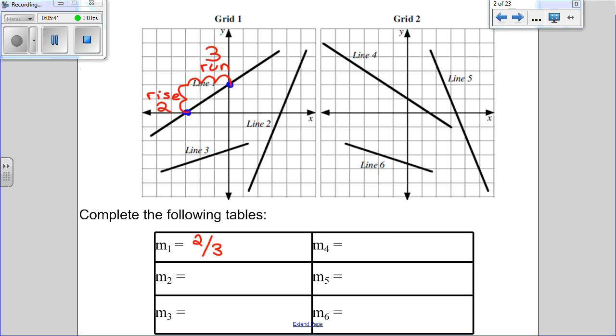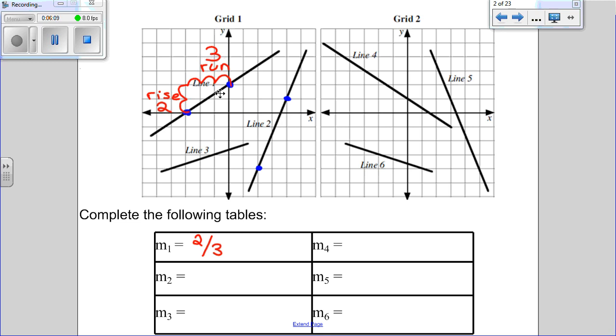Let's look at line 2. On line 2 over here, I want to find 2 perfect points. I have a perfect point here. I don't know another perfect point for quite a while, all the way over there. I then start on the left point every single time, and I go up as high as I need to until I can start going over.